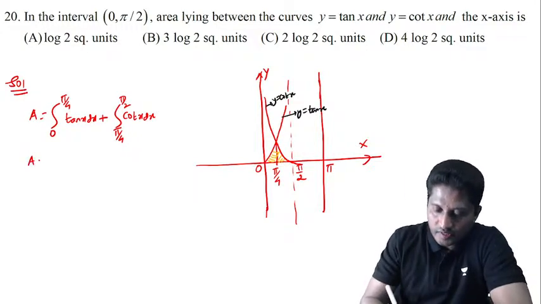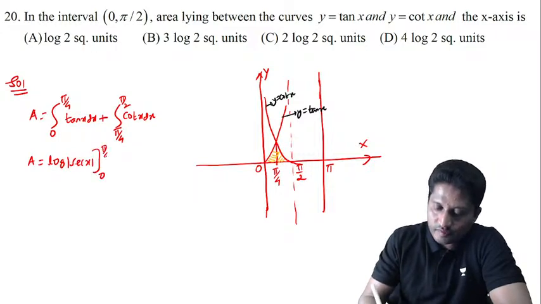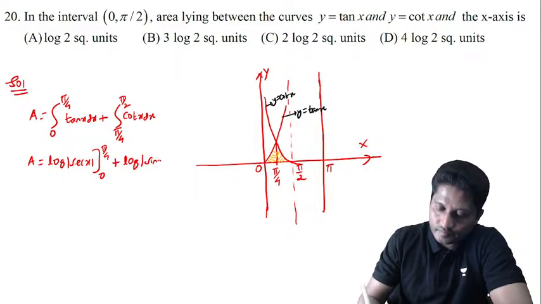Now area is equal to integration of tan x is log sec x between the limit 0 to pi by 4. Integration of cot x is log sin x between the limits pi by 4 to pi by 2.